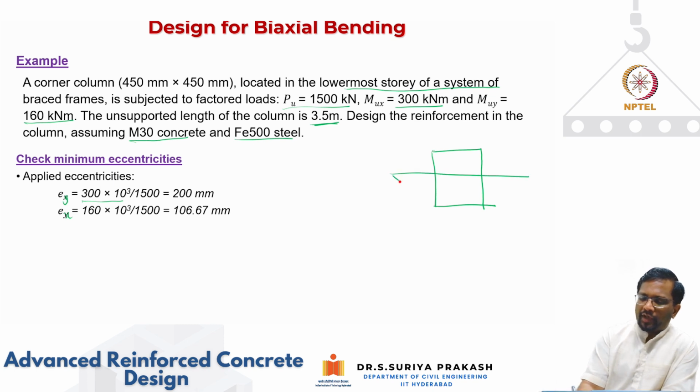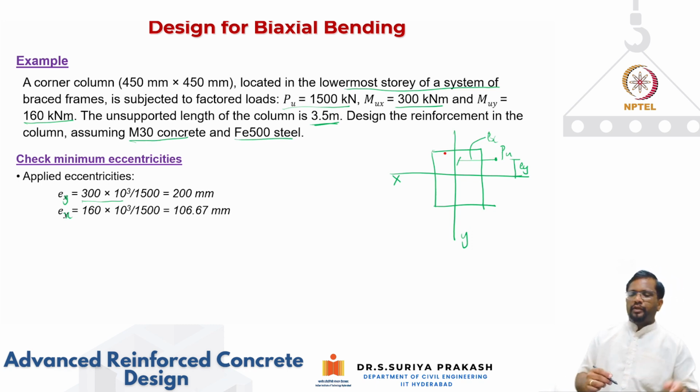When I take bending about x-axis, let's say your Pu is acting at this point, which would be the eccentricity? It will be this, so I have to take Ey. Similarly, if I'm taking bending moment about y-axis, I have to take this as eccentricity, which is Ex. That's why I'm saying My will be Pu into Ex, and Mx will be Pu times Ey. So Ey and Ex are 200 mm and 106.67 mm, right?